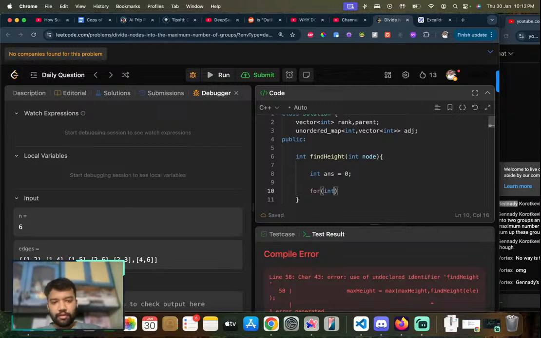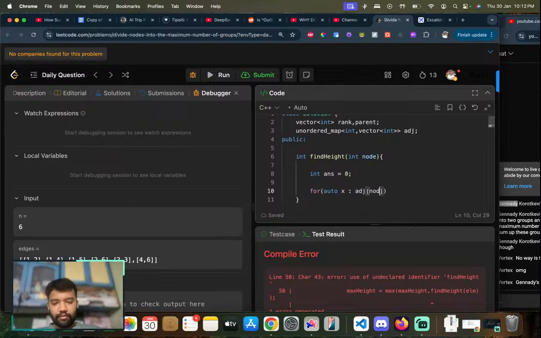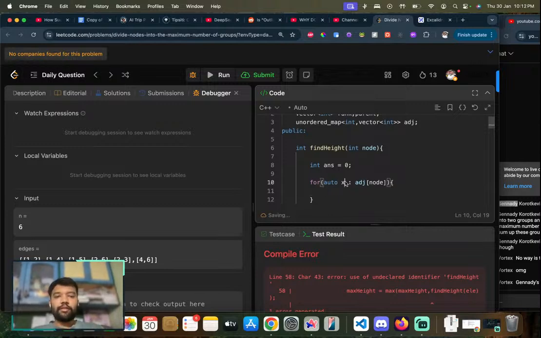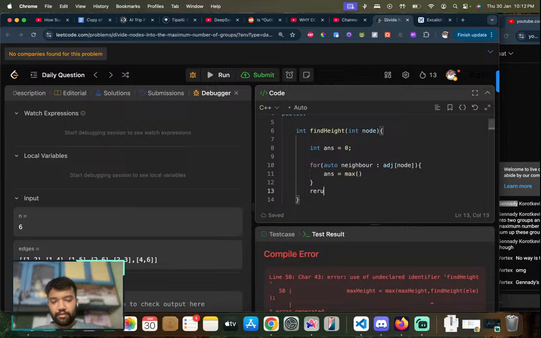For neighbor of adjacent of node, answer is equal to max of answer comma find height of neighbor.